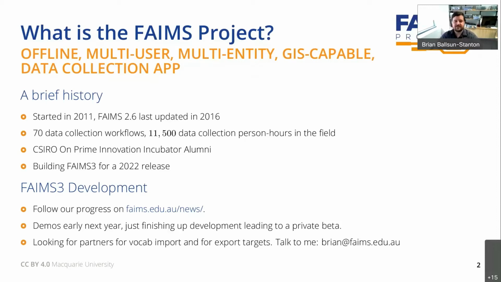More to the point of this presentation, we've gone through the CSIRO On Prime innovation incubator. That shaped a lot of our design work for FAIMS 3, because it turns out that one of the fundamental issues with designing an app for field researchers is if you ask them what features they want, they'll tell you.